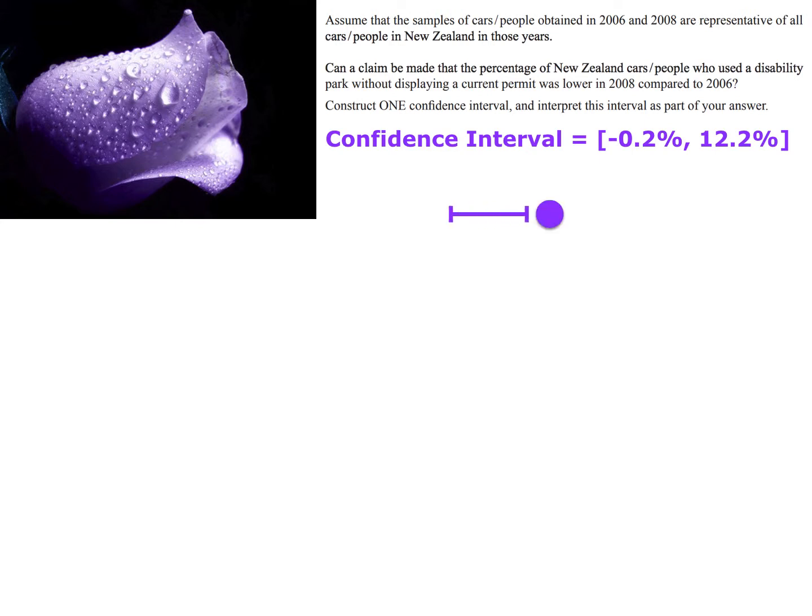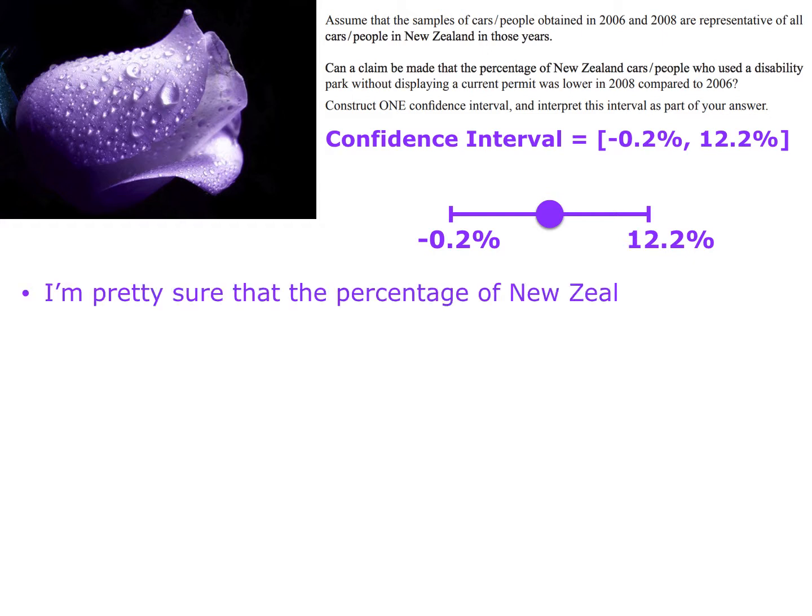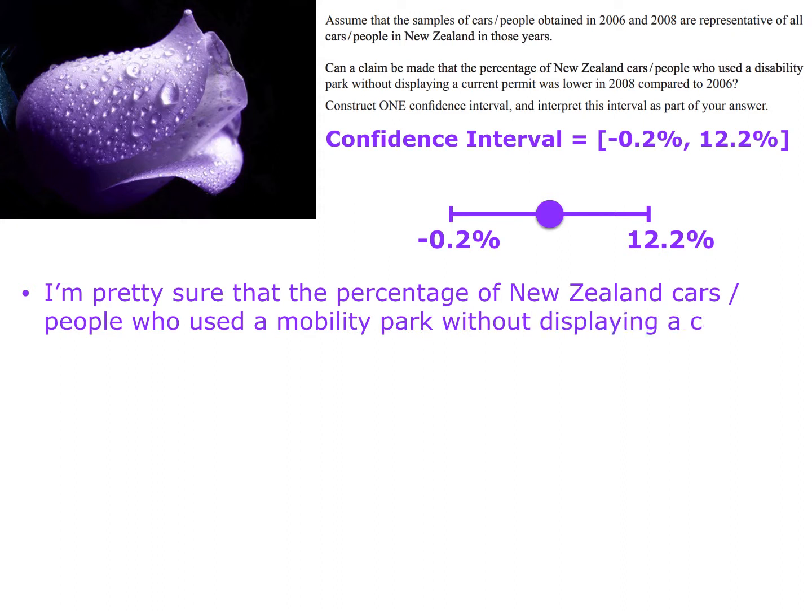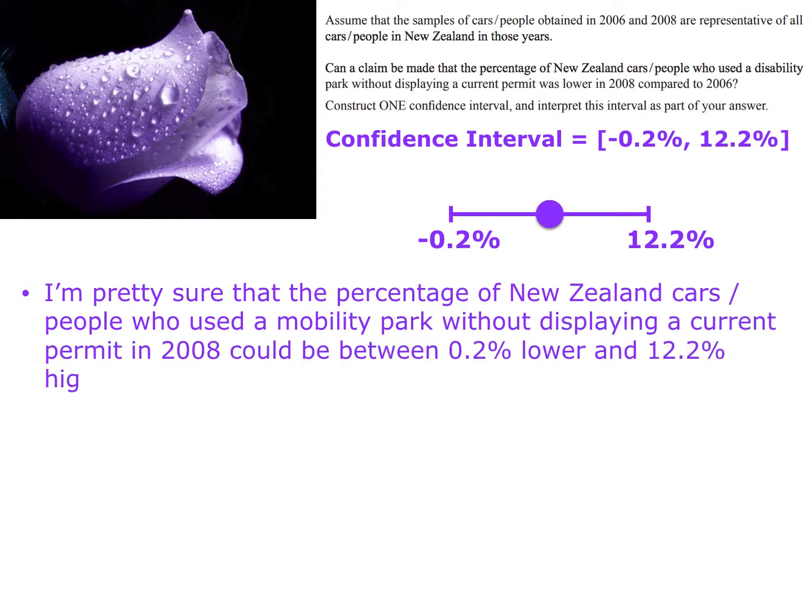So here's our confidence interval, and it can go from negative 0.2 up to 12.2%. That means I'm pretty sure the percentage of Kiwis who use the mobility park without displaying a current permit in 2008 could be between 0.2% lower and 12.2% higher.